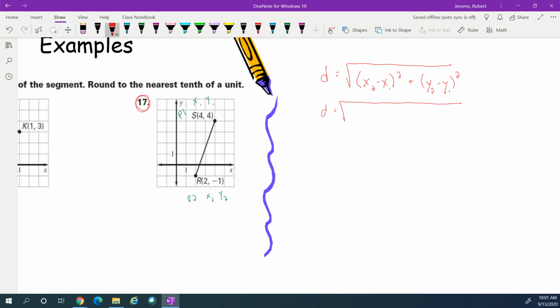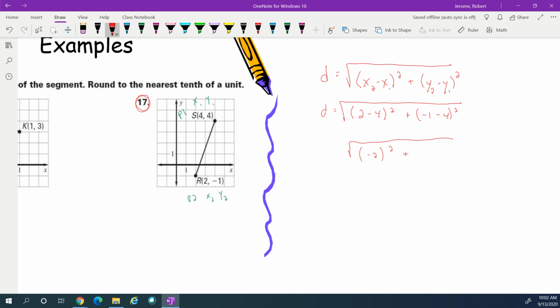We're under this big square root. x2 minus x1, that's 2 minus 4 squared. And then y2 minus y1, we have -1 minus 4, parentheses, squared. Well, let's work that out. -2 in parentheses.